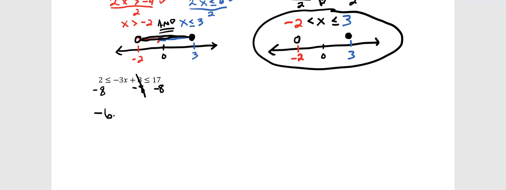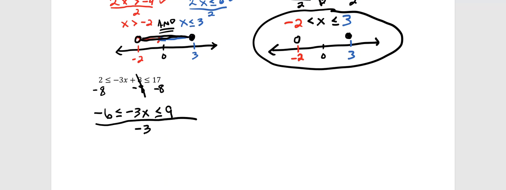2 minus 8 is -6, is less than or equal to -3x is less than or equal to, let's see, 17 minus 8, that gives me 9. From here, our next step is going to be to finish solving for x. And I'm just going to do one long division line by dividing by -3.